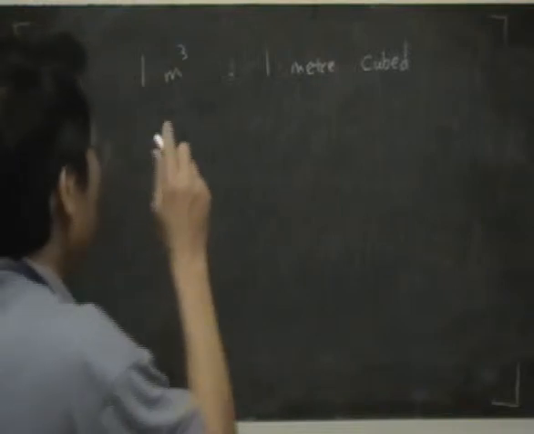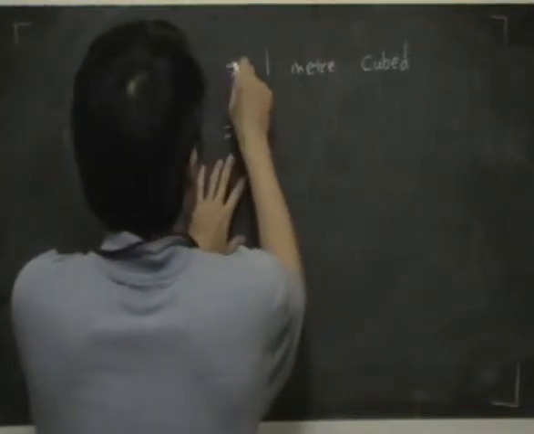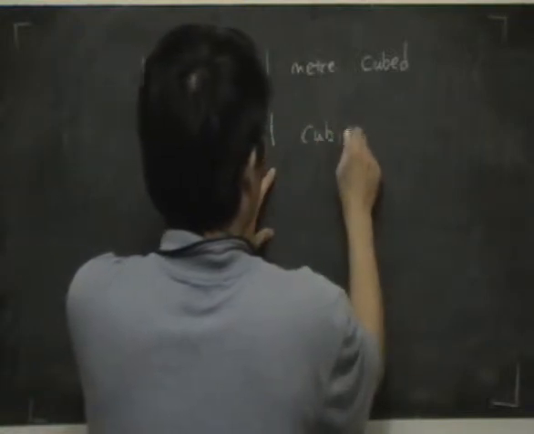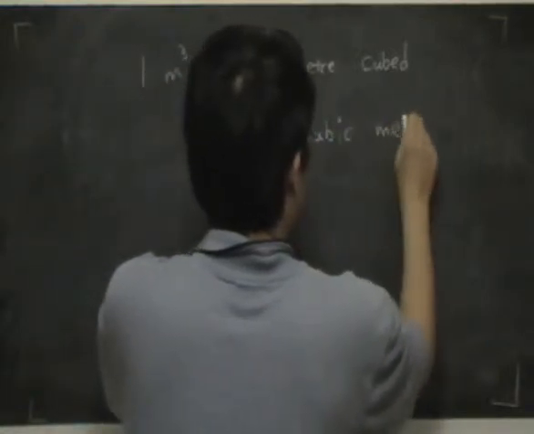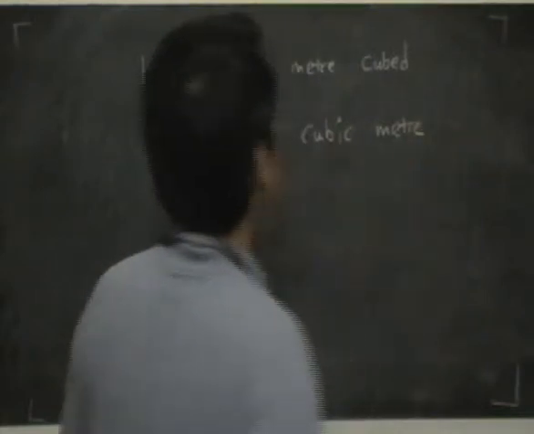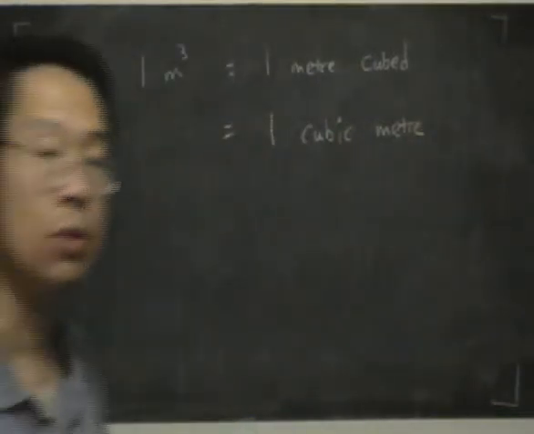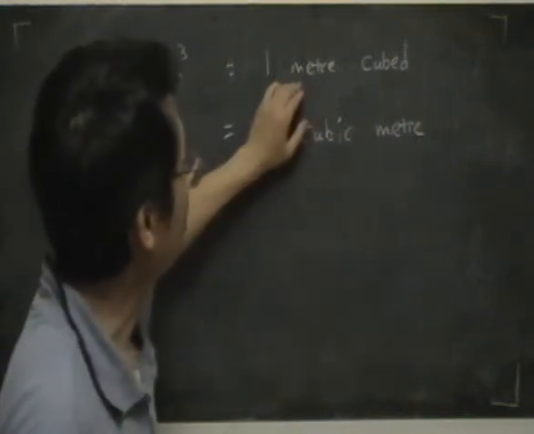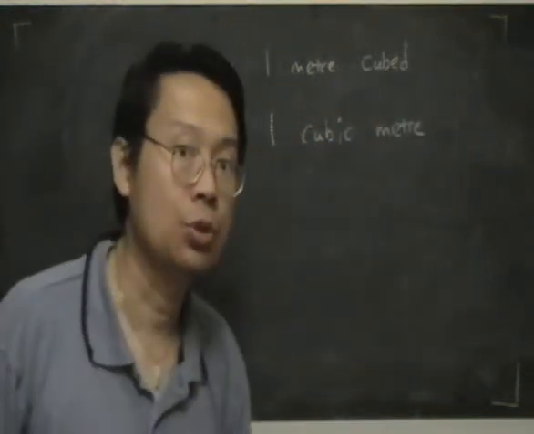Now there's another way to read this, which is it's called 1 cubic meter. So 1 cubic meter means the same thing as 1 meter cubed.